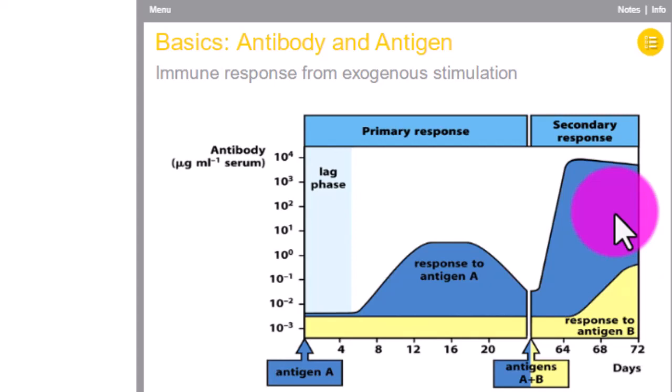When the real challenge by infection comes, the body is prepared to fight, to produce antibodies strongly, effectively, and specifically to this antigen, and it can reduce the damage and the bad effects of this antigen, virus, or bacteria.